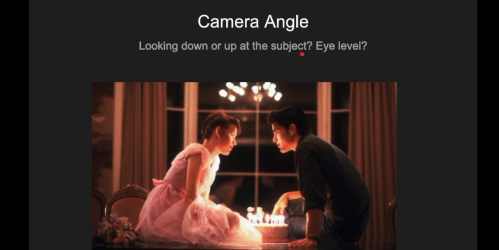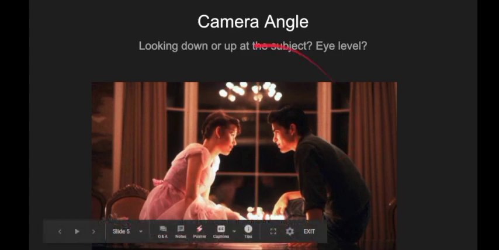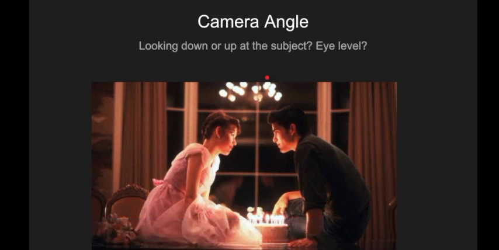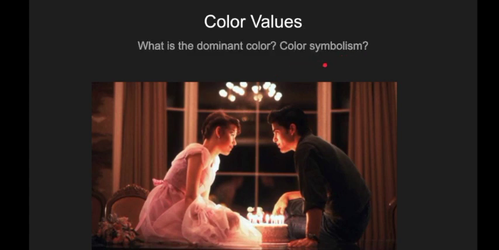When the camera angle is looking up, it shows power and dominance. But when it's at eye level, it shows concentration on the subjects being shown. In this specific image, I would say this is eye level because it is showing the two characters and it's showing equality. It's showing all of that within this image. So therefore, it is an eye level angle.